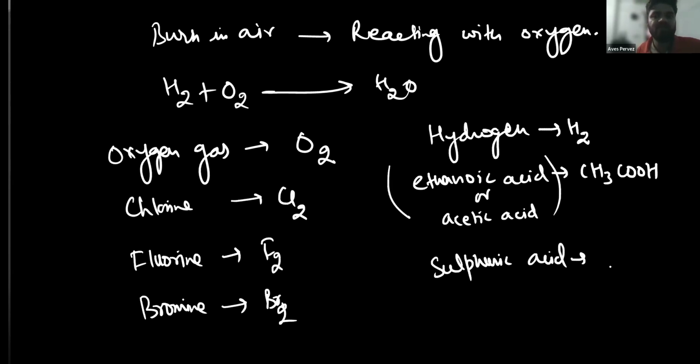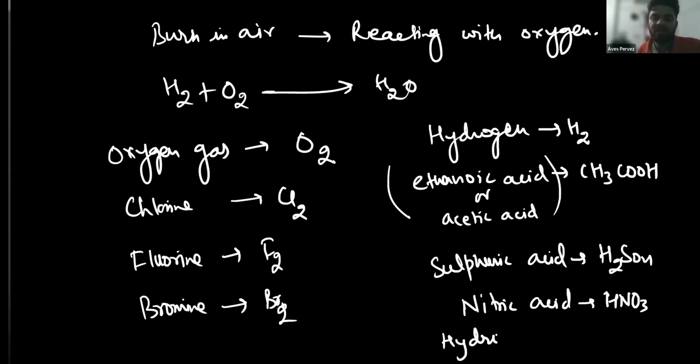Formula for sulfuric acid, H2SO4. Nitric acid, that is HNO3. Hydrochloric acid, that is HCl. So this is important, that generally is asked when you need to write the equations.